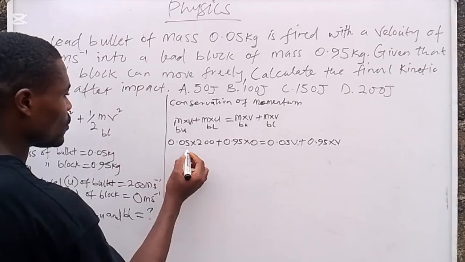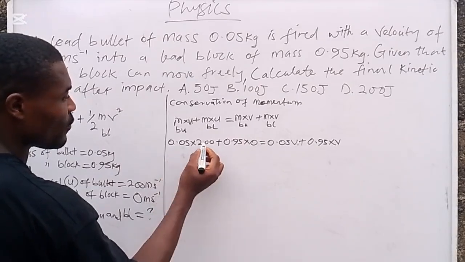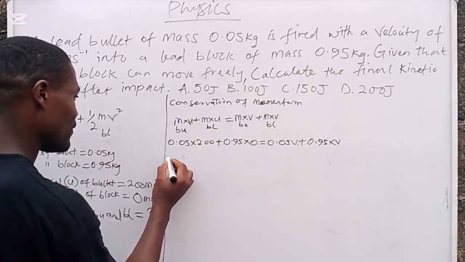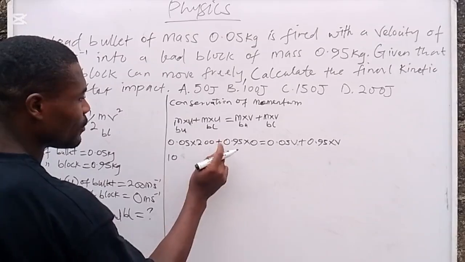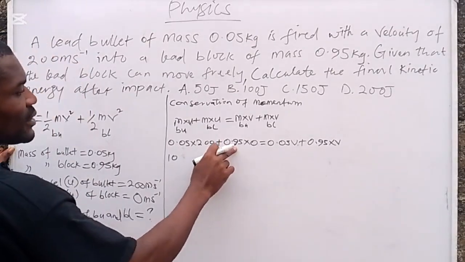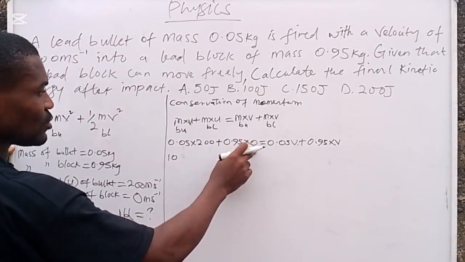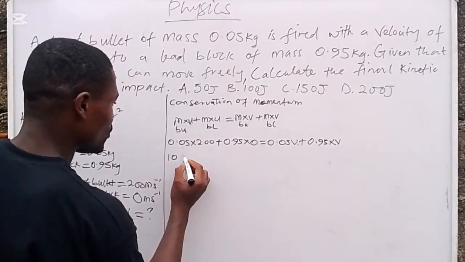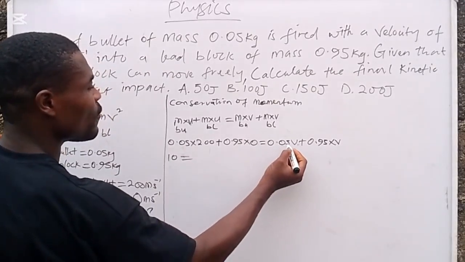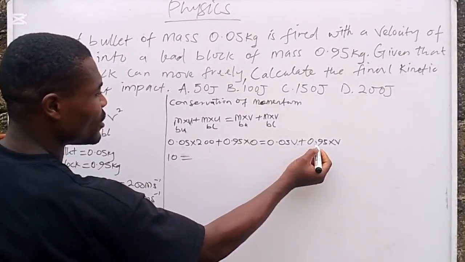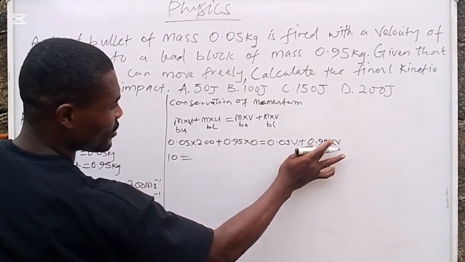So if you multiply 0.05 by 200, we are going to have 10, plus 0.95 times 0, and anything multiplied by 0 is 0. So we'll have just 10 left here, and then we'll have 0.05v plus 0.95v.